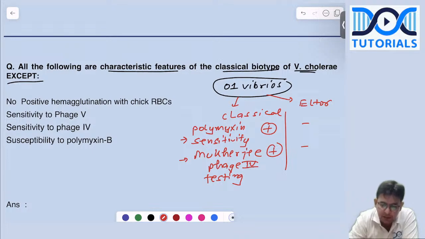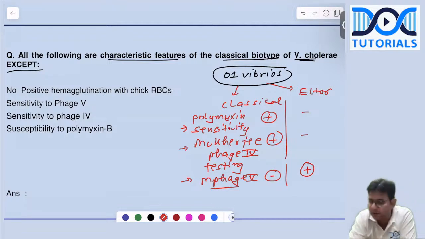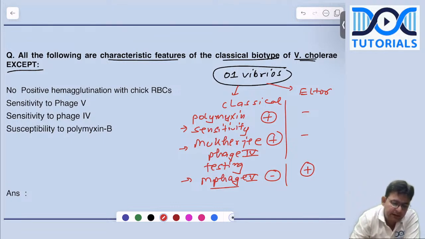Very right. But remember Mukherjee Phage 5 is also there; it is negative in classical and positive in El Tor. So as Anuj said, the answer is B, and that is perfectly right.